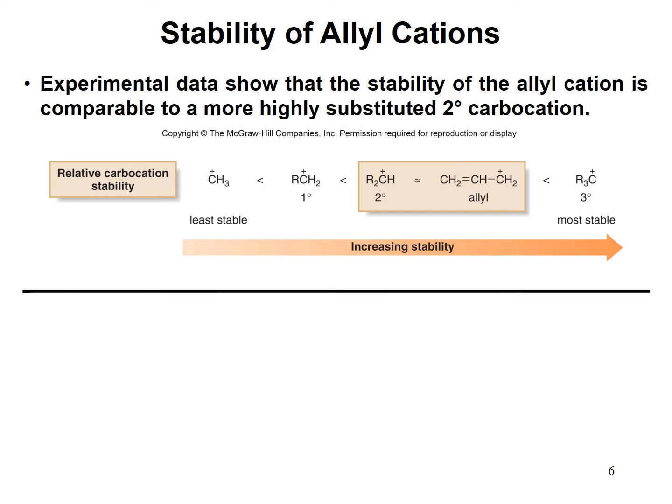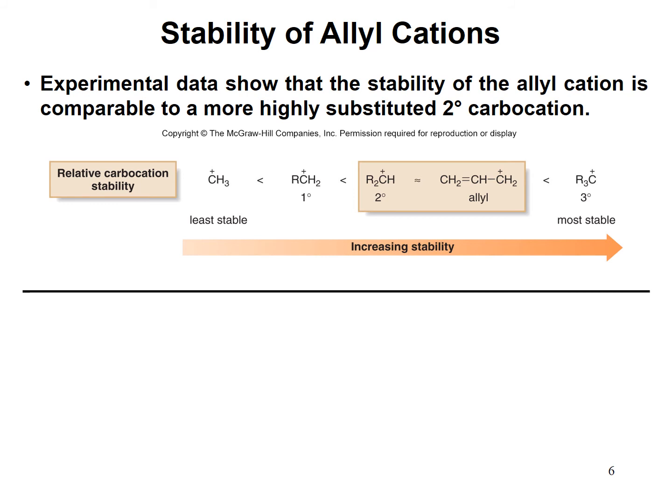If we look at the stability of carbocations, you might recall that a methyl carbocation is the least stable of the carbocations we've talked about. A primary is slightly more stable, but less stable than a secondary carbocation. The tertiary carbocation is the most stable.